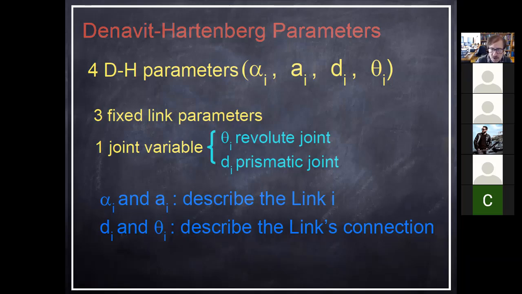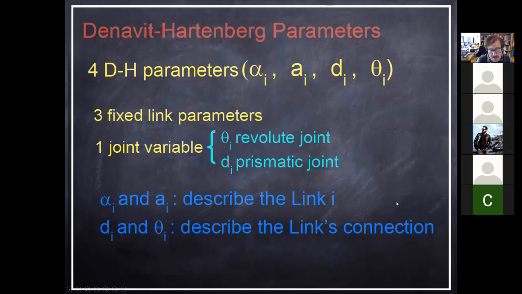If the links are joined by a revolute joint, d is also fixed. So these 3 are going to be fixed. Only theta is going to be variable. If the links are joined by a prismatic joint, alpha, A, and theta are going to be fixed, and only d is going to be variable. So I will always have 3 fixed link parameters and 1 joint variable, theta for a revolute joint, d for a prismatic joint.